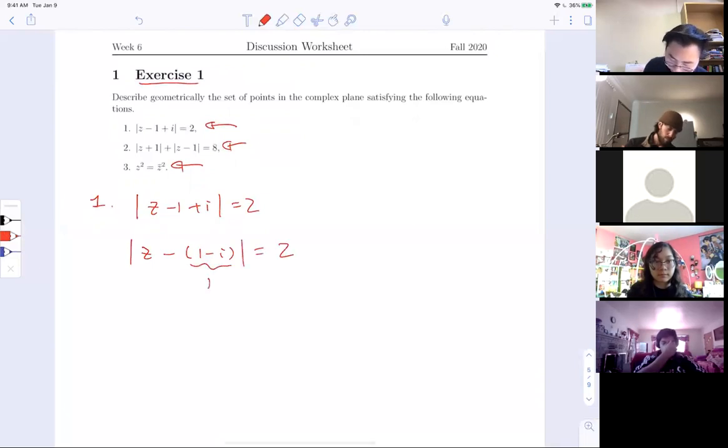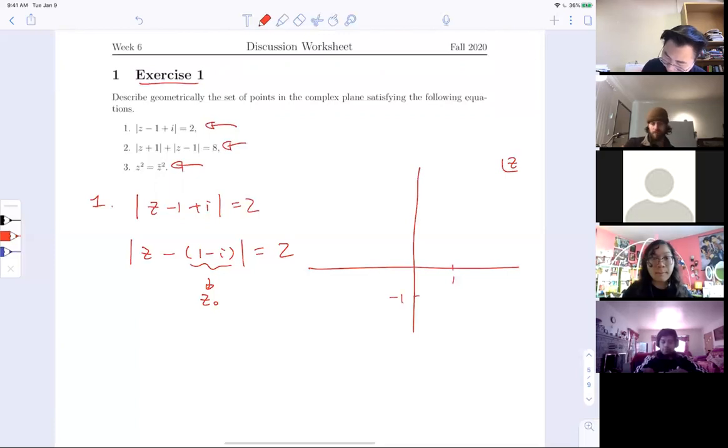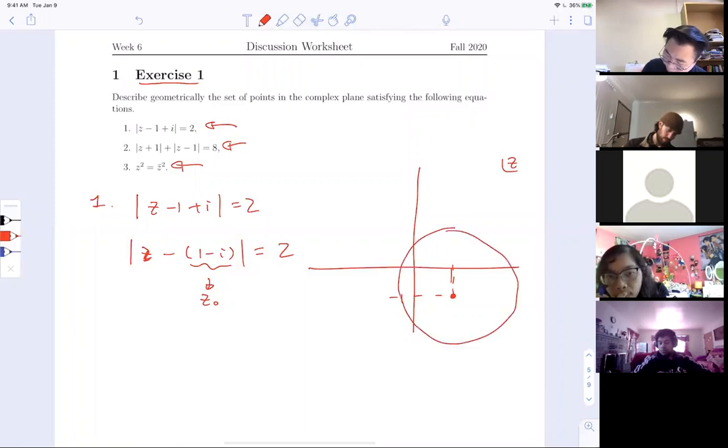So this can be identified as the z naught we mentioned before. Basically, z naught is a point in the complex plane, which is (1, -1). The corresponding points lie on a circle with radius 2 centered at this point.